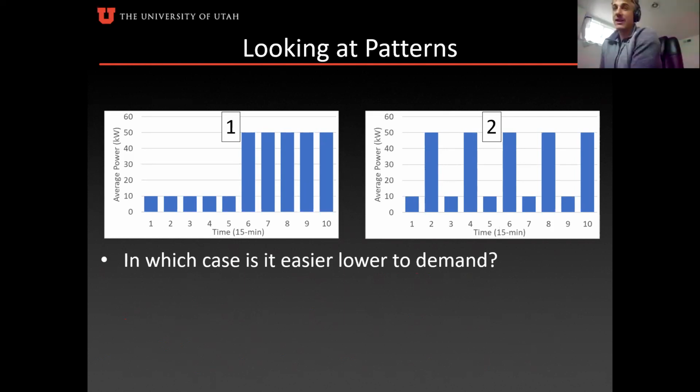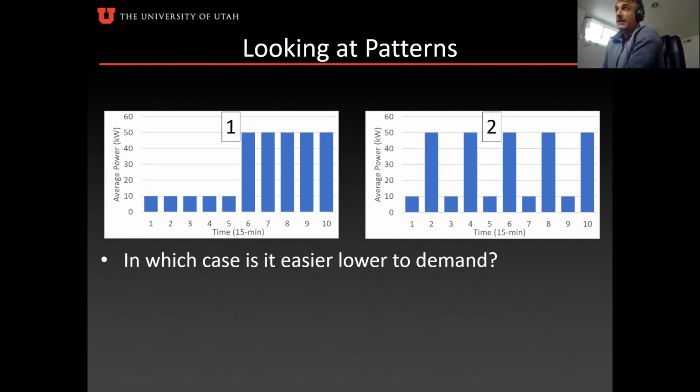Thanks, James. Like you said, that's definitely a candidate for something to look for. Are there 3 processes that can each consume something like 15 kilowatts from time interval 6 to 10, and we could move one of those maybe to time intervals 1 to 5 and move that over.